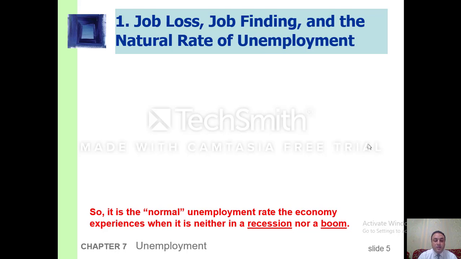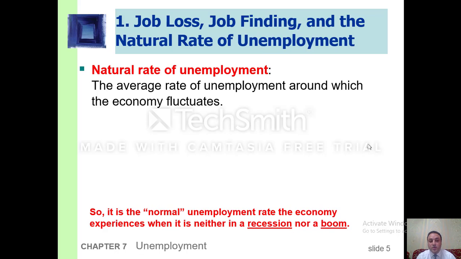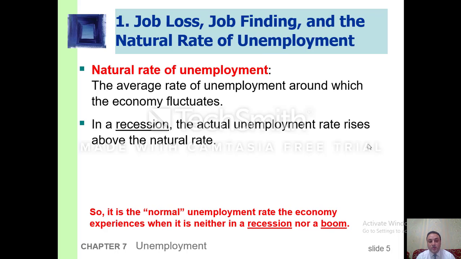First, let's look at job loss, job finding, and the natural rate of unemployment. As we said, it is the average rate of unemployment around which the economy fluctuates. For example, in a recession, the actual unemployment rate rises above the natural rate.